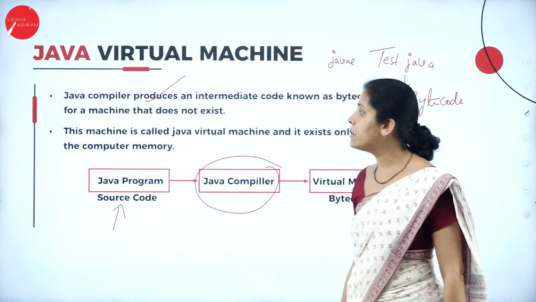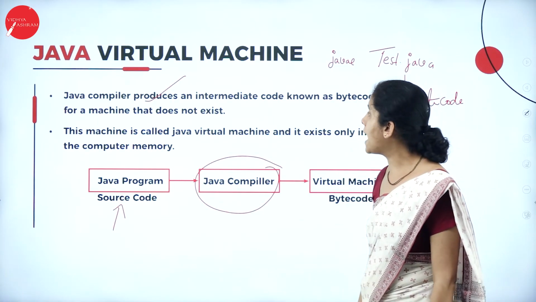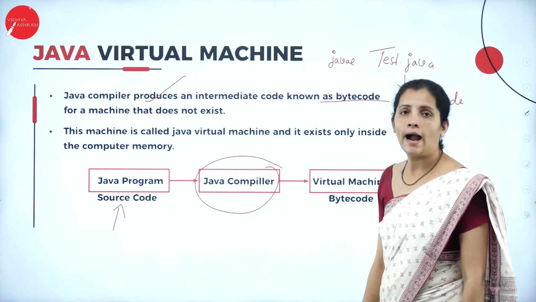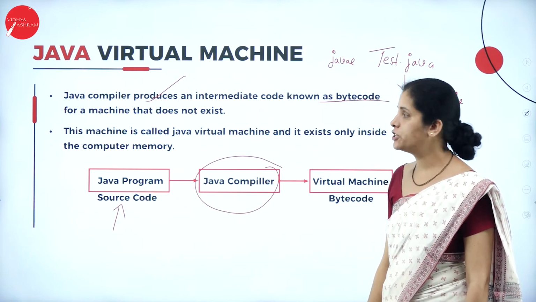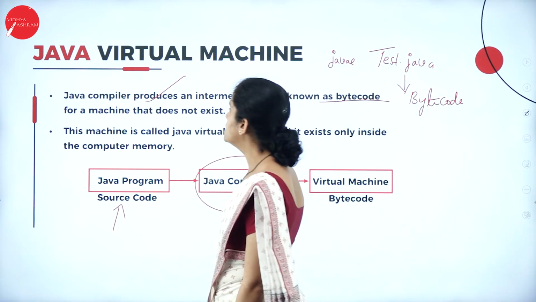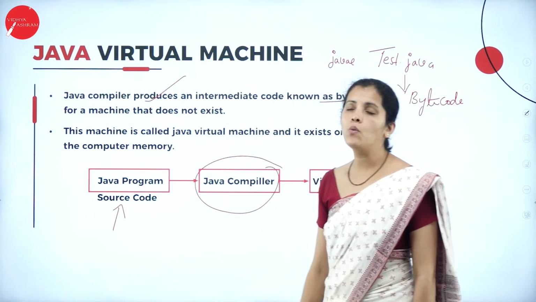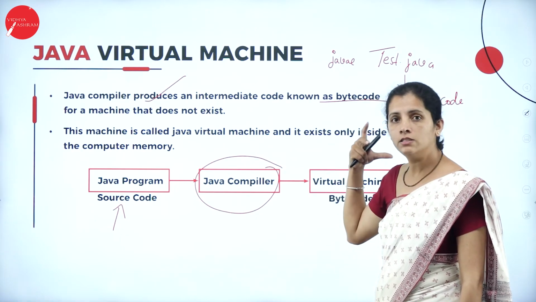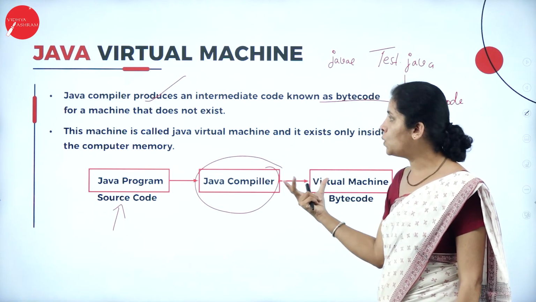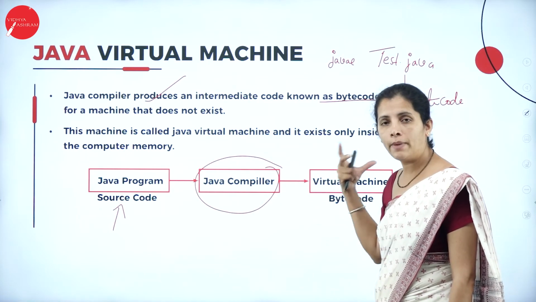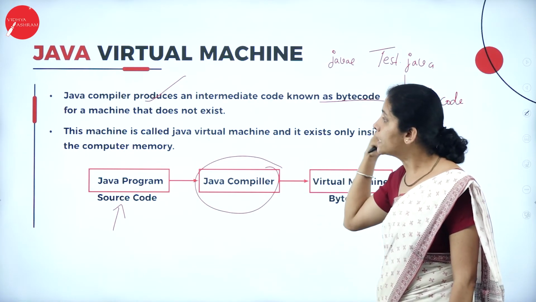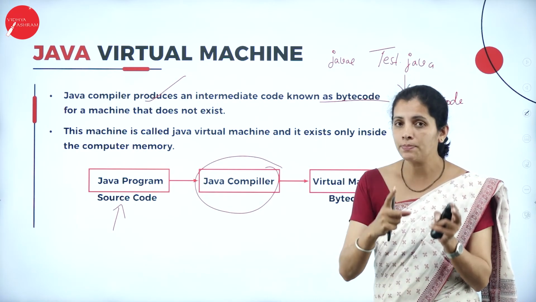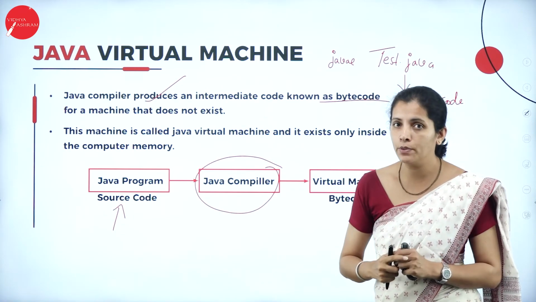So here the Java compiler produces an intermediate code and it is known as byte code, and this byte code is not machine code. So this machine is called the Java virtual machine. That means whatever byte code the Java compiler generates, that machine is not physically present, but it is present logically in the computer memory.